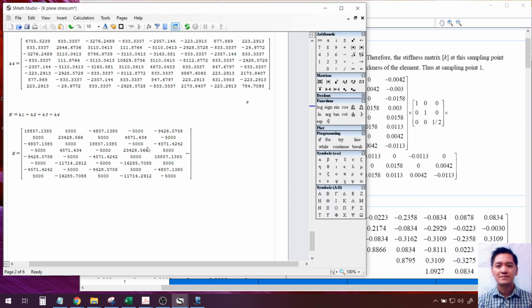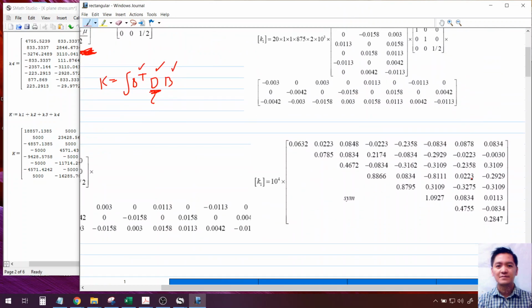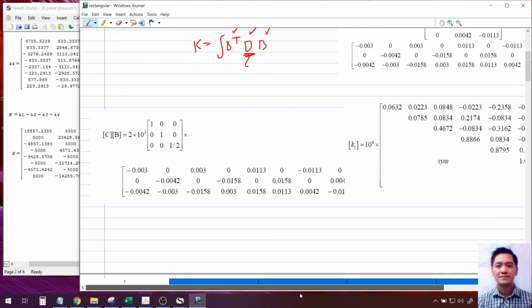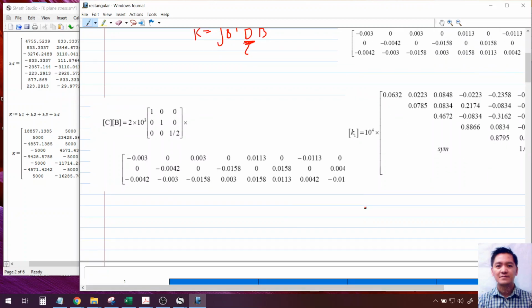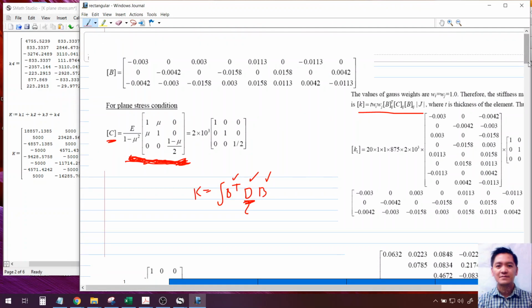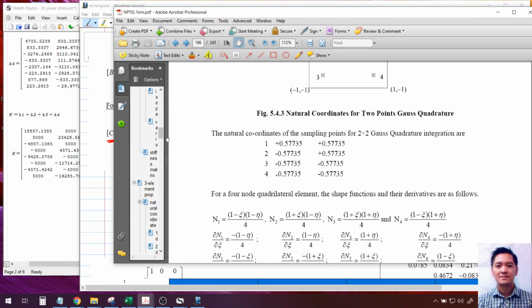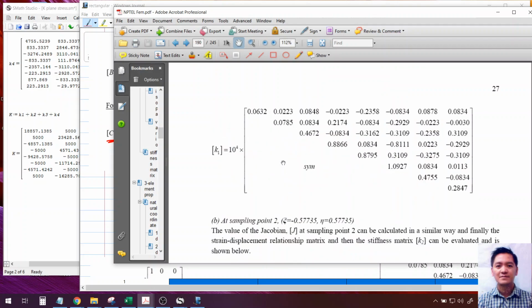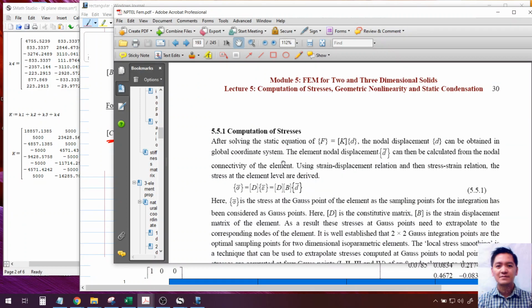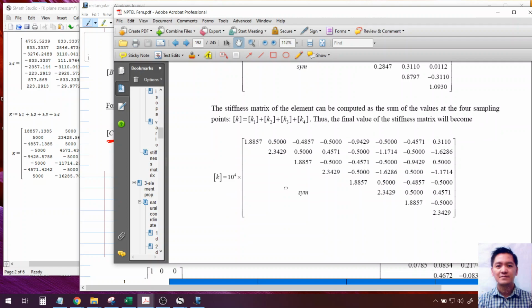Kaya medyo mahaba itong code na to. Okay. And what do we got from our problem? Your K should be, in our lecture, should be this.